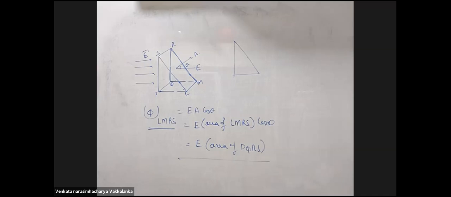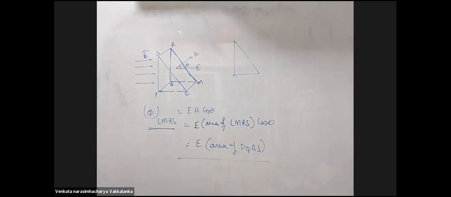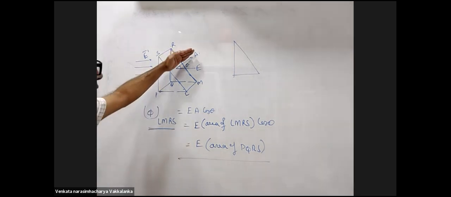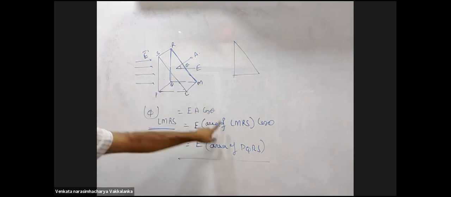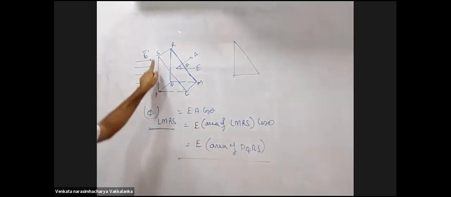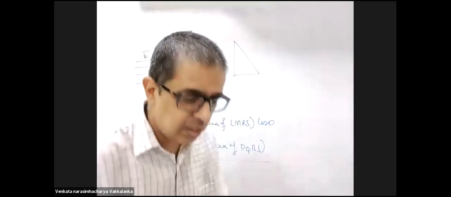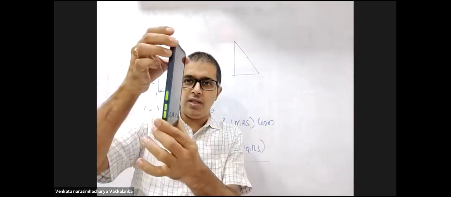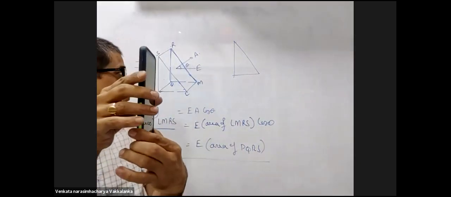So won't we get different answers then? Why will I equate them? A cos theta is along E. This cos theta is which area? If I resolve this area in this direction, don't you think it will be this particular PQRS?